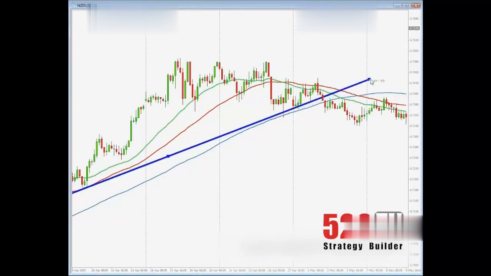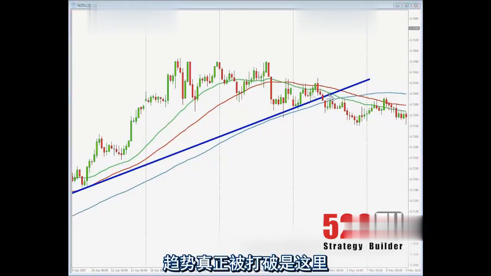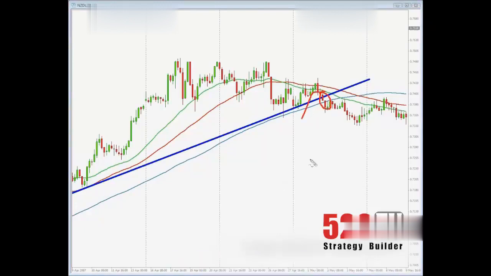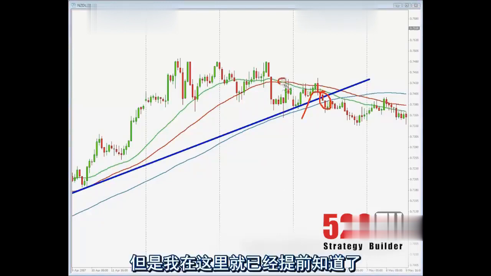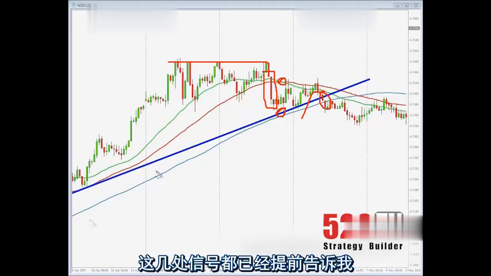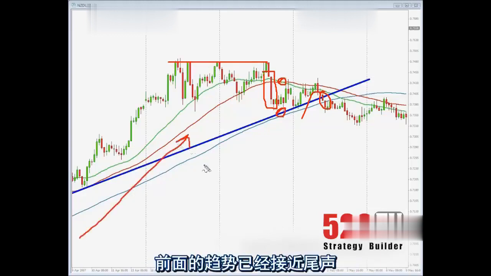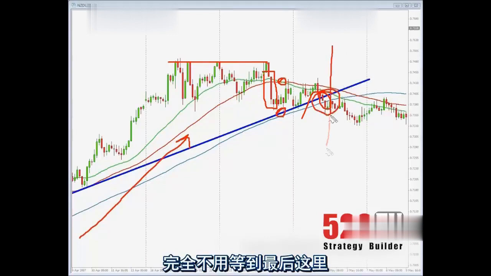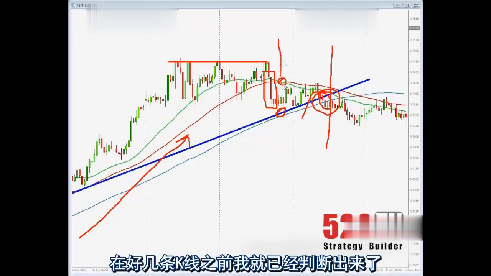Let's prolong the trend line. Okay, the actual trend line breakout happens there. Alright. However, I knew here and here and here and here, I knew in advance that this trend, all that beautiful trend up there, I didn't need to wait for this breakout, which happened many bars before I got my warning signal.